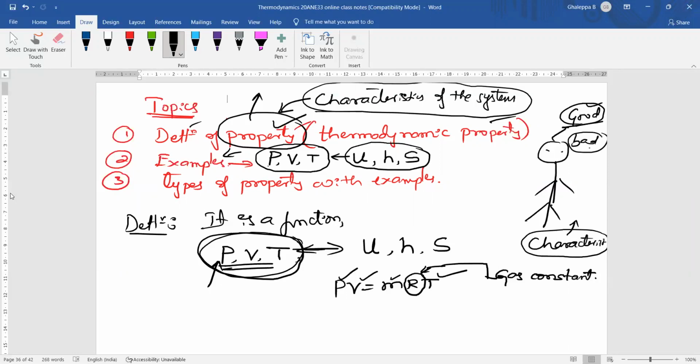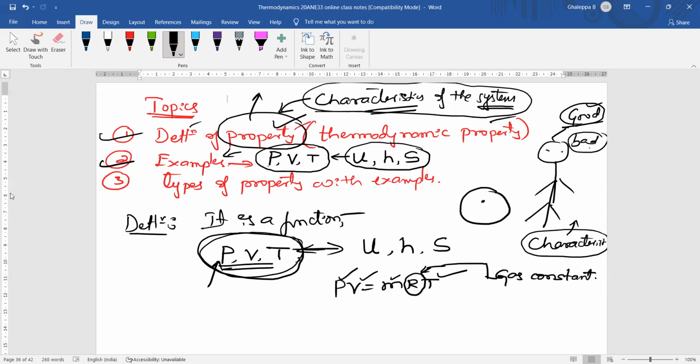So these are examples. What is the definition of property? Property is a function which determines the characteristics of the system. Or you can use another word, a parameter which determines the characteristics of the system. How much is the pressure of the system?